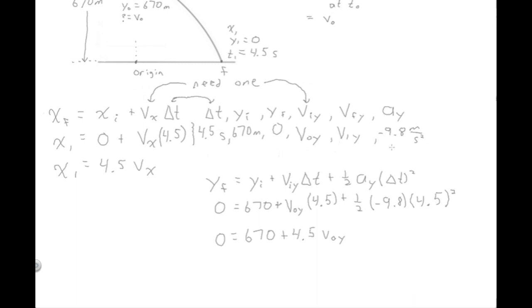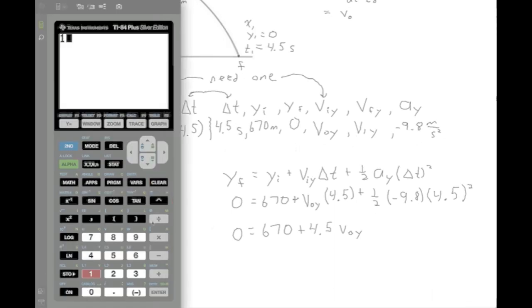We'll use our calculator. 1/2 times negative 9.8. I think that'll work, but I'll just make that a little bit clearer by putting in a multiply here.